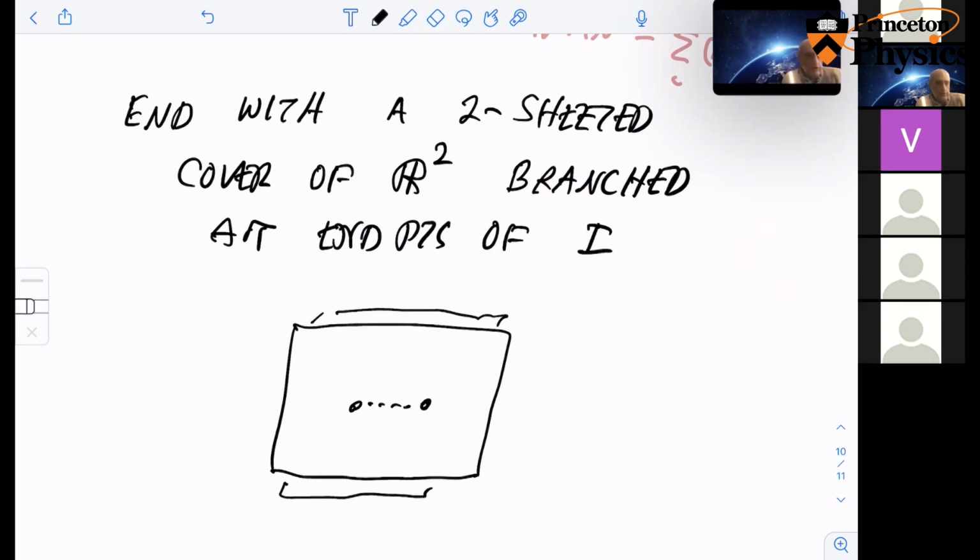They are indistinguishable at the endpoints. If you go around the cut, you end on the second sheet.